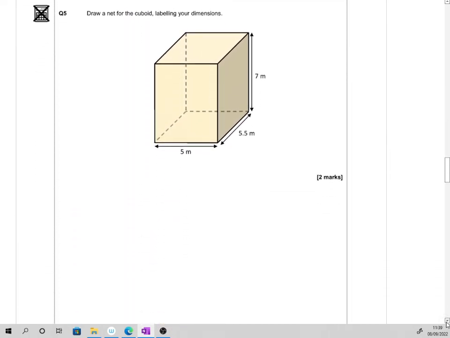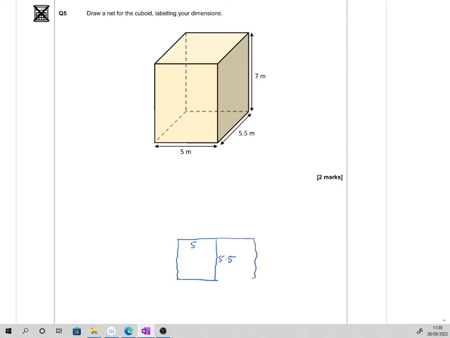Draw a net, labelling your dimensions. So we'll start with the bottom is 5 by 5.5. So I'm going to do that 5 and 5.5. Now I did do that side, which is 7.